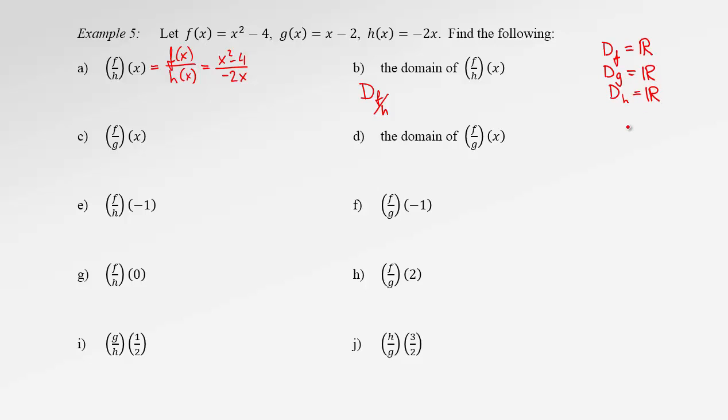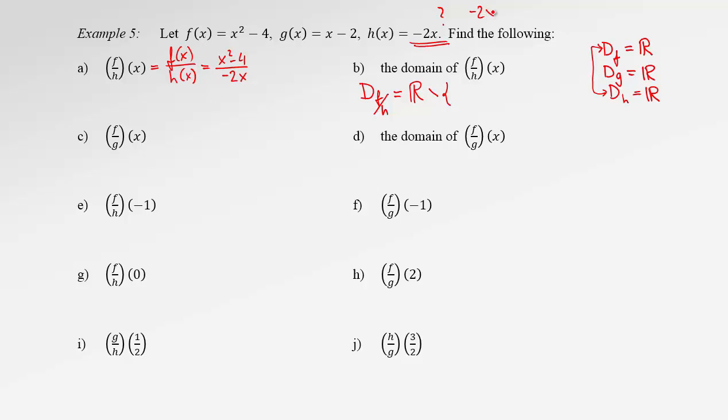All real numbers. However, to find out the domain of the quotient function, it's not only that we are taking the domains of f and h and intersecting them. Obviously the intersection is also all real numbers. But on top of it, we have to subtract those points that will make the h function 0. So when is the h function 0?